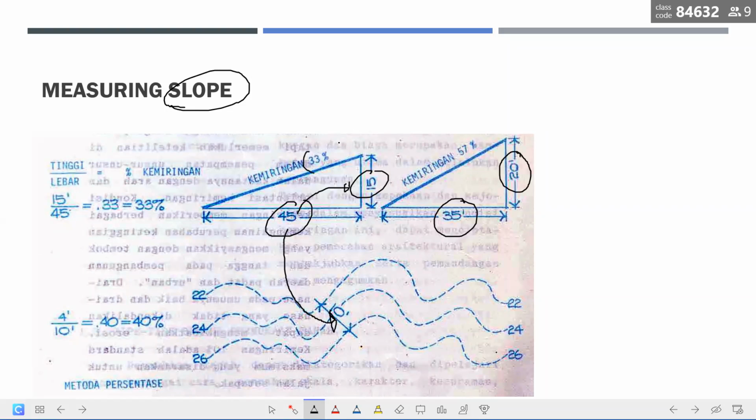So you get a 33% grade, not a 33% slope, a 33% grade, and here you have a 57% grade, which, well, these two grades are in essence very, very steep.